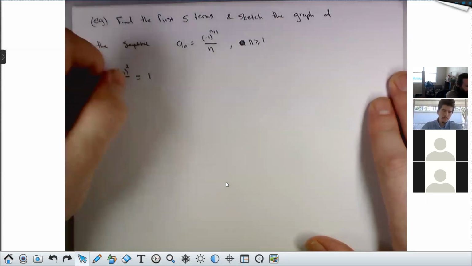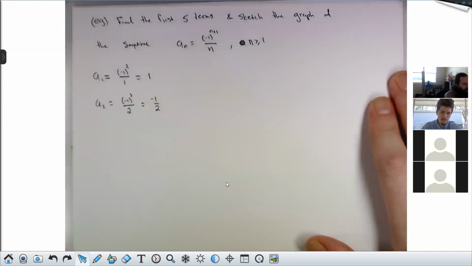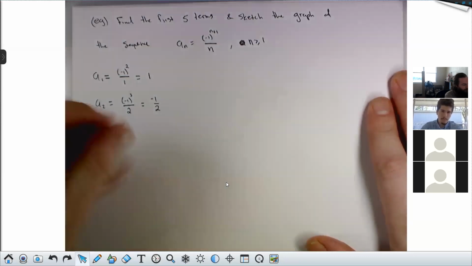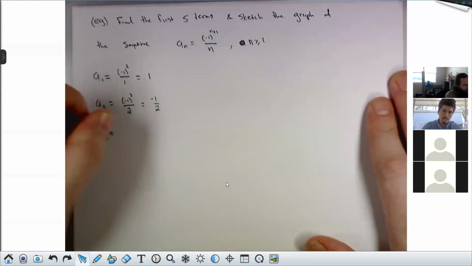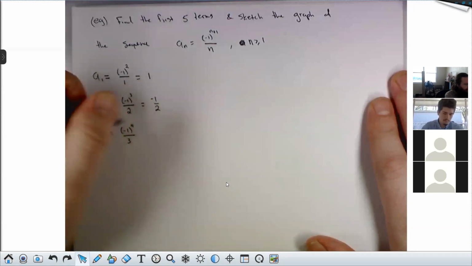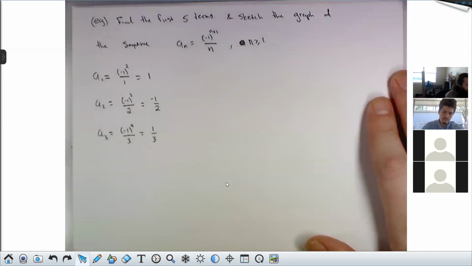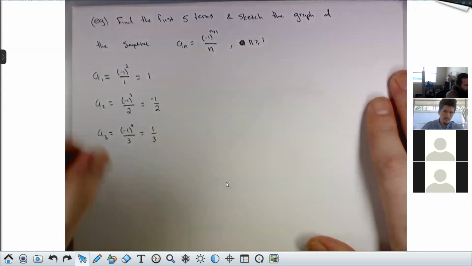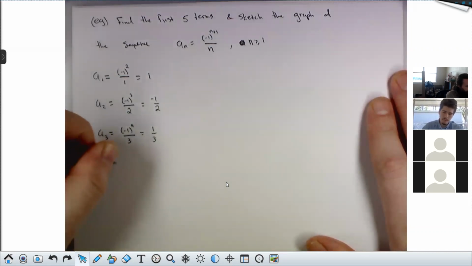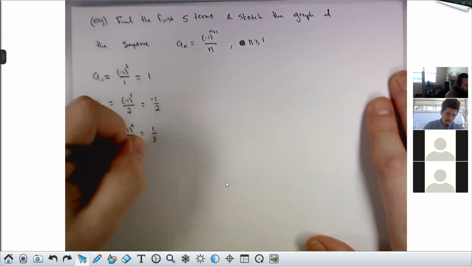a_2 would be (-1) cubed over 2, which is -1/2. a_3 is (-1) to the fourth over 3, which is +1/3. a_4, that's (-1) to the fifth over 4.